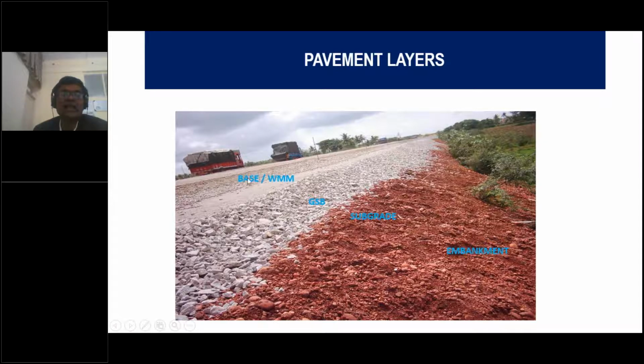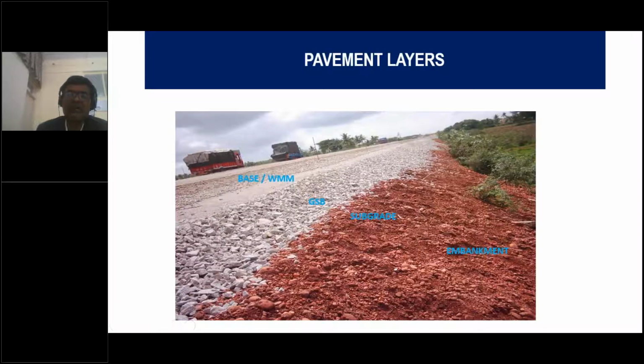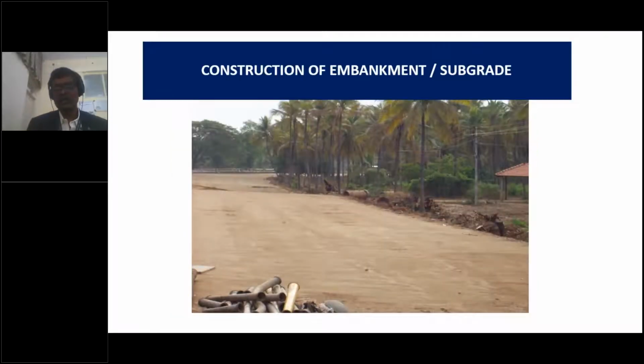And this wet mix macadam is a dense layer, well graded mix, so that it takes up the high wheel load stresses, and also with a very high modulus. Above this, we may construct a DLC layer if it is a concrete pavement, and above that we may go for a paving quality concrete layer. If it is a flexible pavement, we go for a bituminous layer.